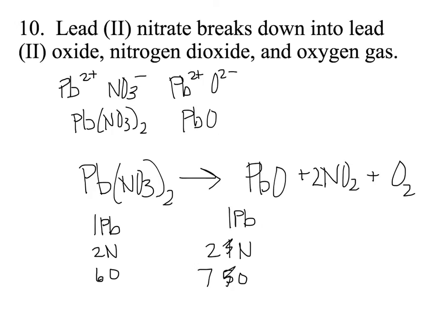This is another one of those places where everything is balanced, so we've got the lead and the nitrogen all ready to go. The oxygen is just off, and we've got an oxygen sitting over here kind of by itself, but notice it's not oxygen, it's O2.